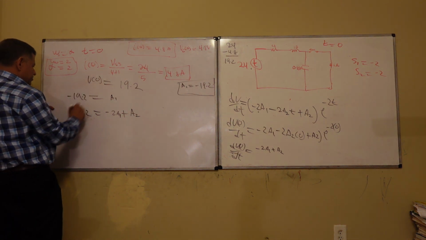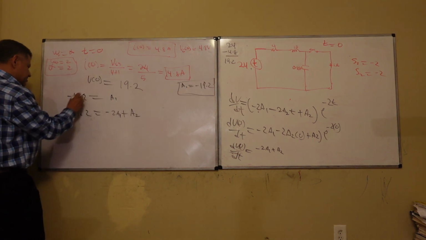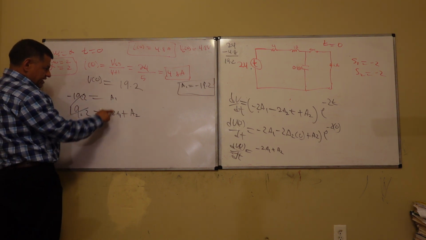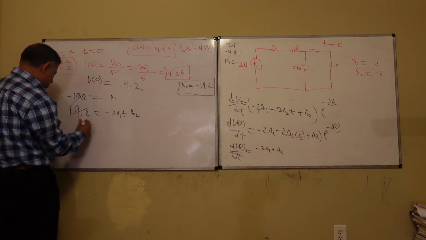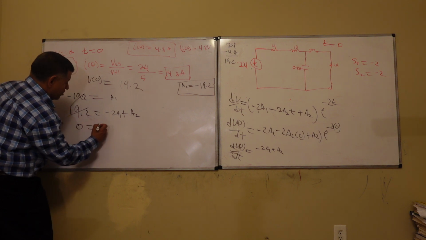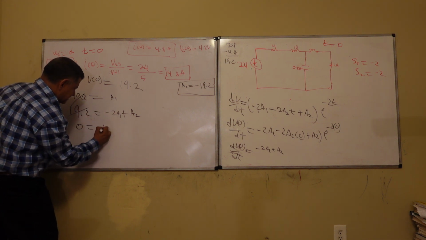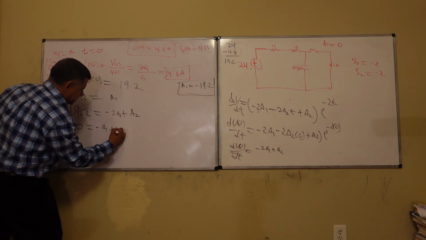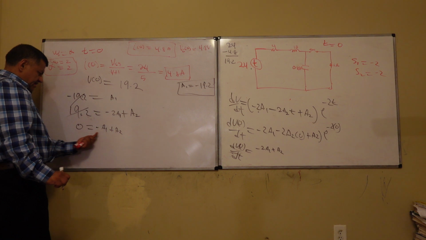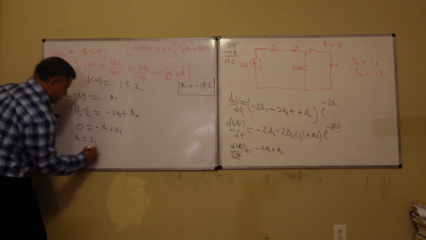This 19.2 and this cancel out, right? It's gone. Now this one and this one, adding those two is equal to 0, right? 0 plus 0, and then adding this is equal to negative a1 plus a2, right? Now solve it over here. What are you going to do, right? Solving this to the side, it's going to be a1 is equal to a2.